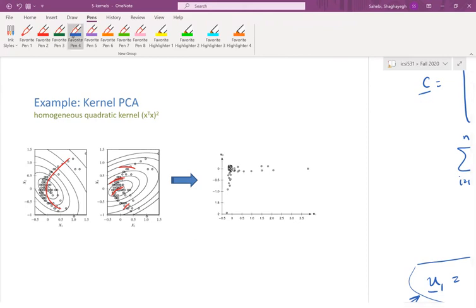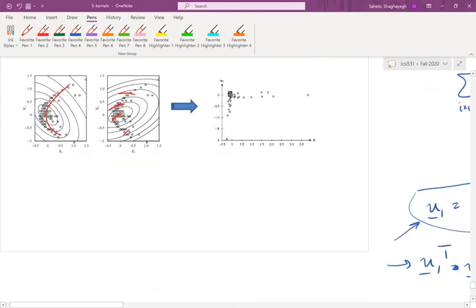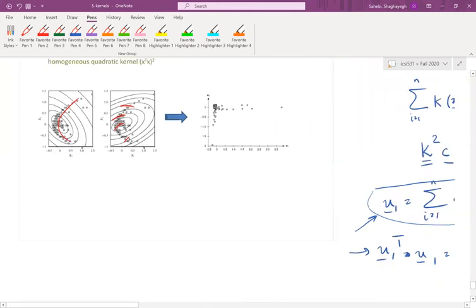And if we project our data into these two directions and represent them in terms of these two directions, see what we are getting is not that curvy shape that we had before. It's kind of more linear. All right, so that's how kernel PCA is going to be useful for us.